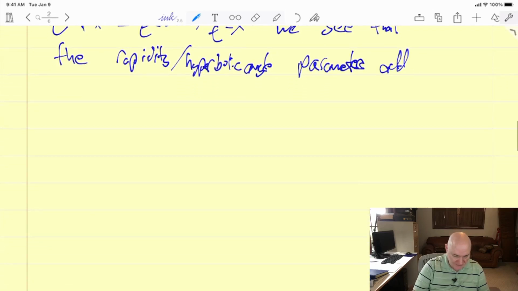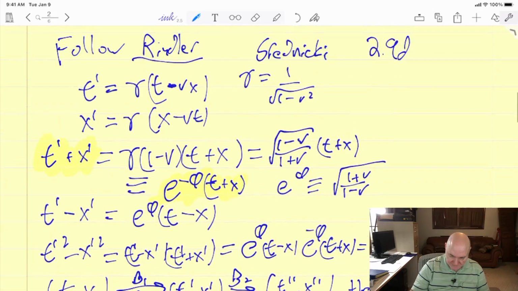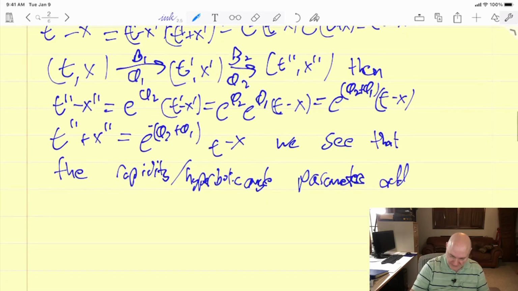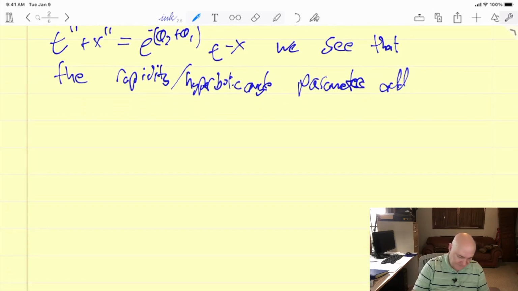Then finally, we have this definition for phi in terms of v. I would like to get v in terms of phi, and I'm just going to show that the answer is correct rather than doing the manipulations.